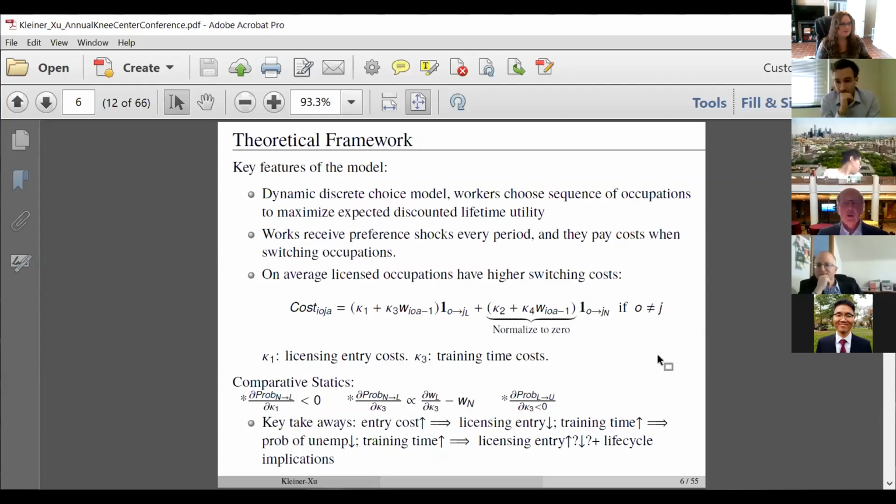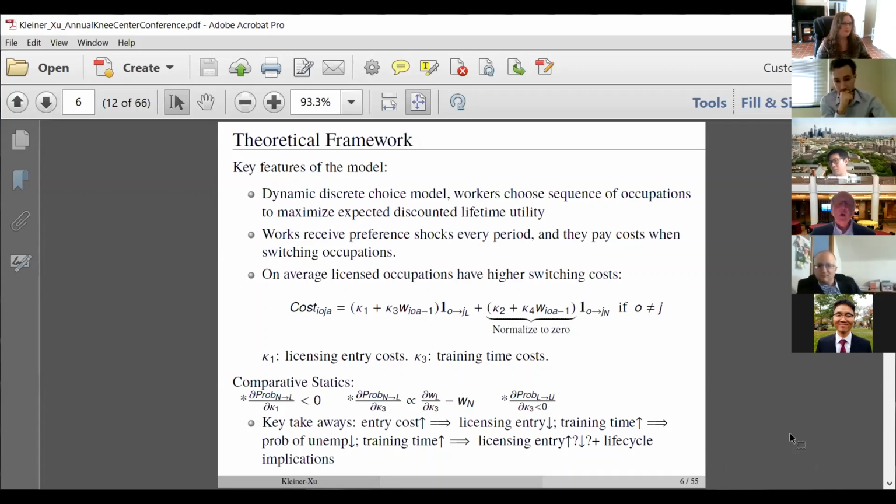These other costs are normalized to zero. And what we find is that the probability of moving from a non-licensed to a licensed occupation, taking into account licensing costs, is less than zero, so you'd expect it to be lower. When you take into account training costs, that would also result in a reduction in licensing.